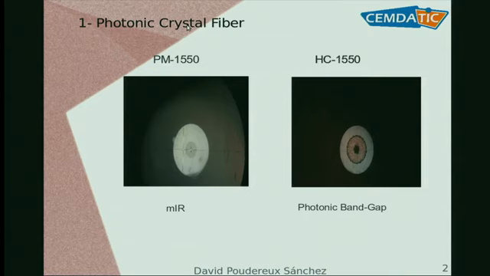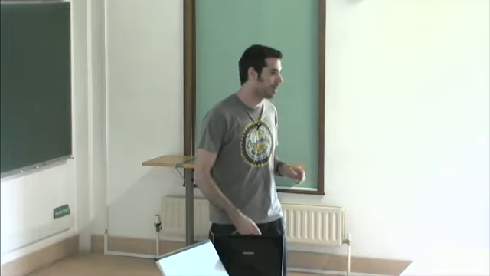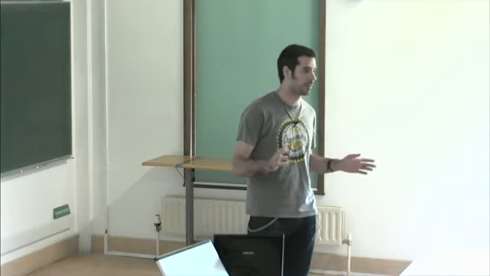There are mainly two different types of photonic crystal fibers. The first one has a solid core, and the second one has a hollow core. My work is focused on the first one. The mechanism of guiding the light is the same as in a normal standard fiber: modified total internal reflection.